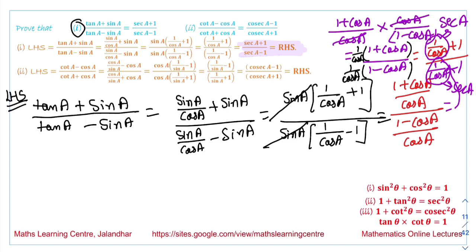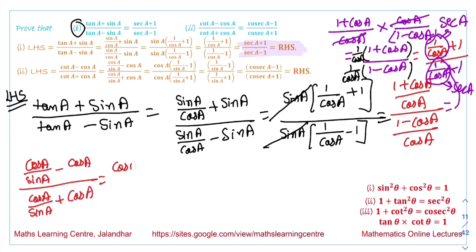Similarly, in the second part, we have cos A over sin A minus cos A over cos A over sin A plus cos A. If we take cos A common, we are left with 1 over sin A minus 1. Cos A is common, we are left with 1 over sin A plus 1.